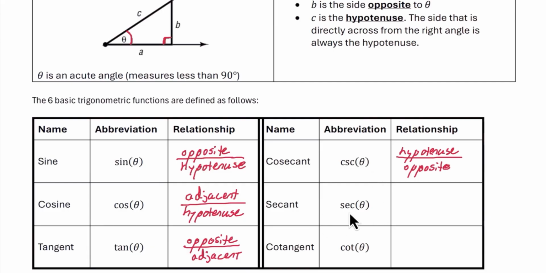Secant, which we abbreviate SEC, is the reciprocal of cosine, or hypotenuse divided by adjacent. And cotangent, which we abbreviate COT theta, is the reciprocal of tangent, or adjacent divided by the opposite side.